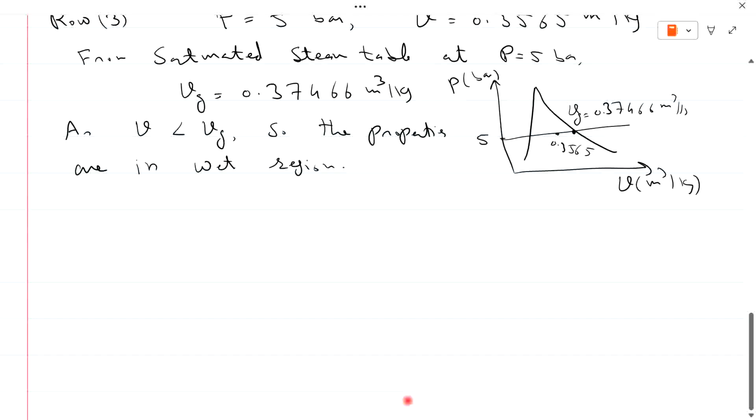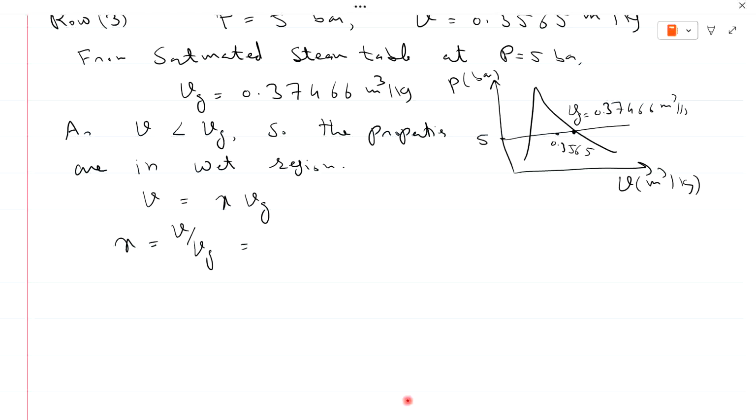So to find H and U we use some formulas. To find H, first we find X because V and Vg are given to us. The formula is V is equal to X Vg, so X is equal to V divided by Vg.